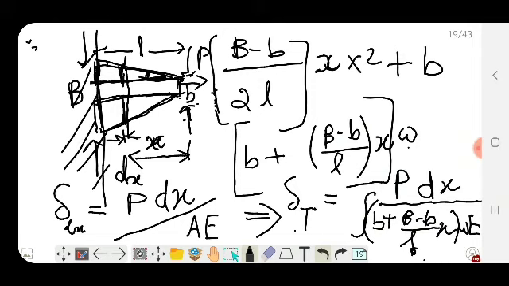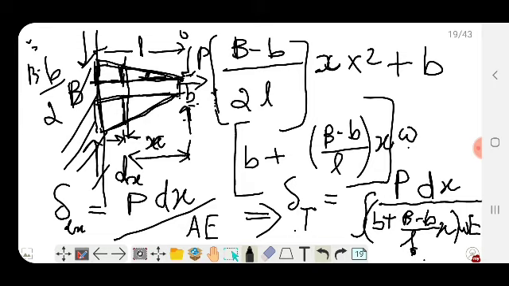Okay, that is 1 by x. That will be giving you p times log b plus b minus b by L times x. Okay, integral of 1 by x dx will be what? Log x similarly, and there x is ranging from 0 to b minus b by 2.